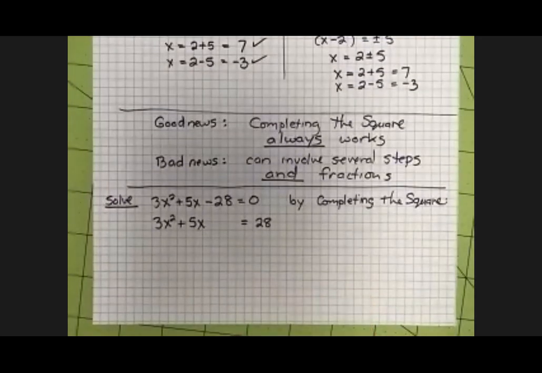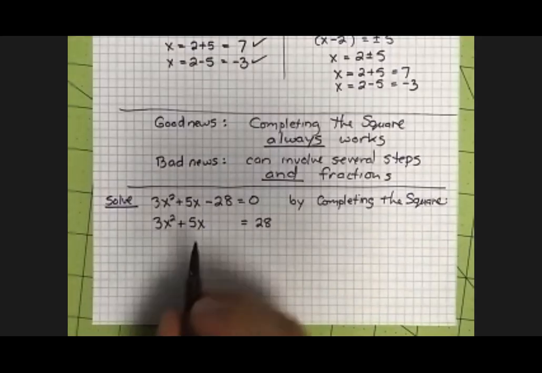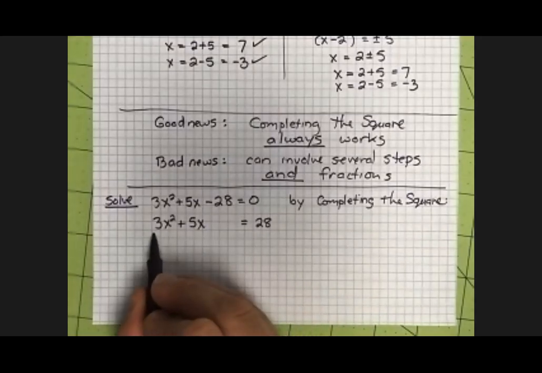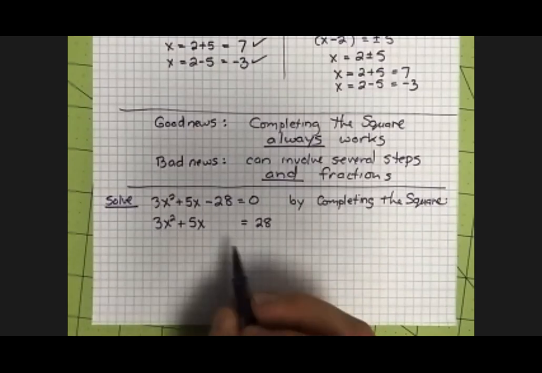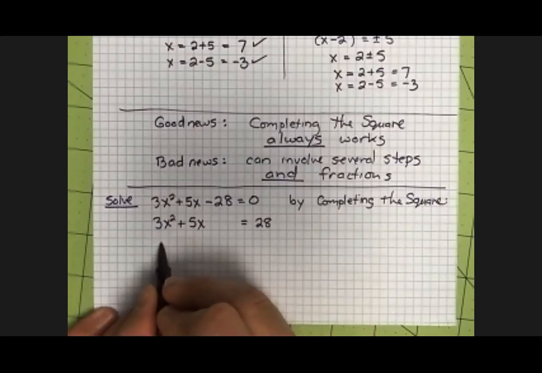I might have to go to another paper in a second. Next, I have to make this number in front of the x squared 1. I can't just erase the 3. I got to do it legally, and that means I'm going to divide everybody by 3. If I divide 3x squared by 3, I get x squared.